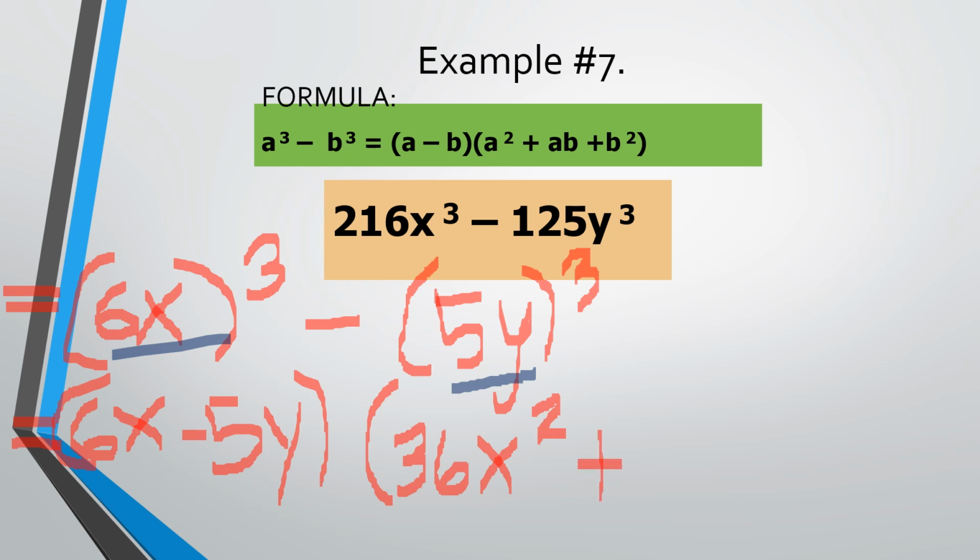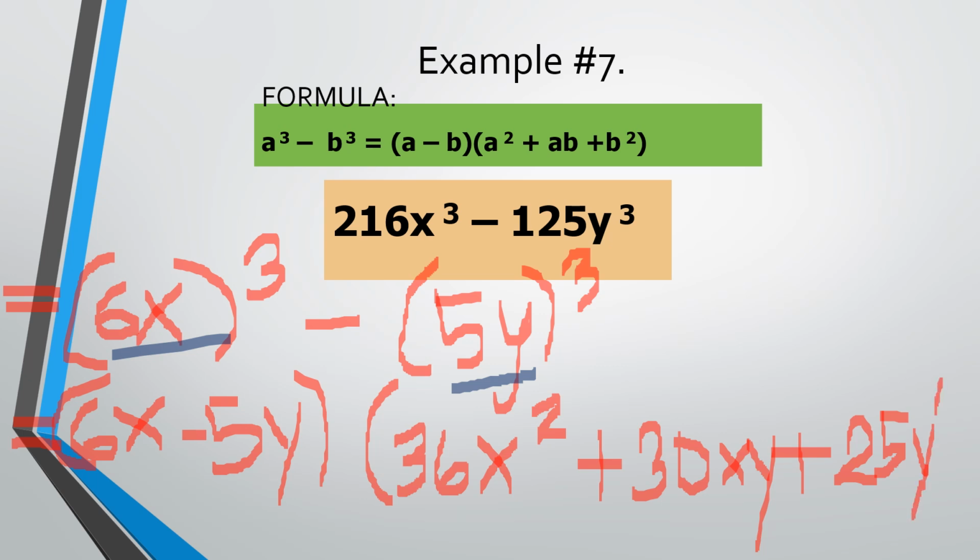We have A multiplied by B. So 6 times 5 is 30. x times y, we have xy. Then, plus, we have B squared. So 5 times 5 is 25. And y times y is y squared. And then close it. And this will be now our answer.